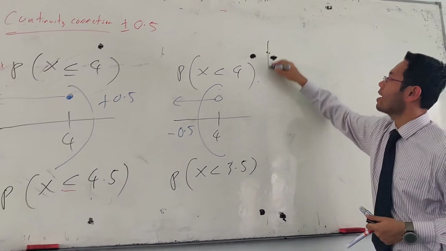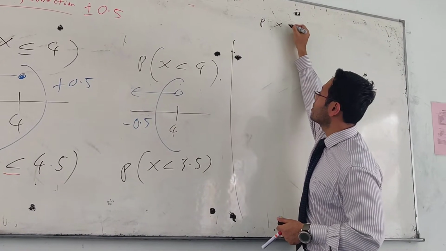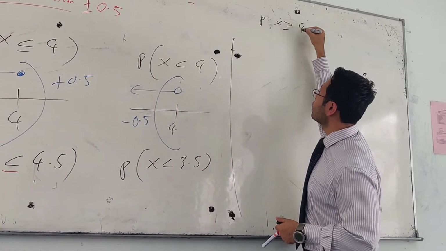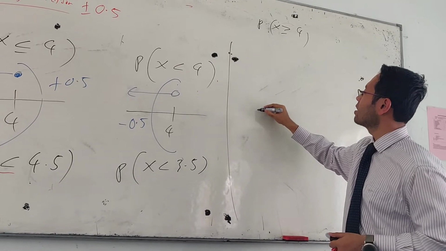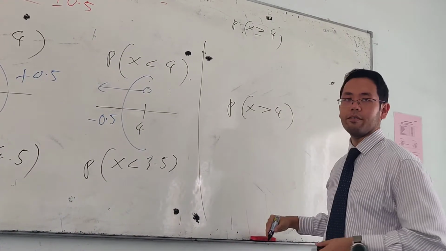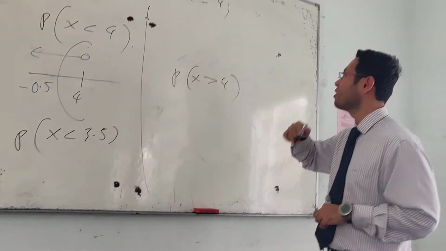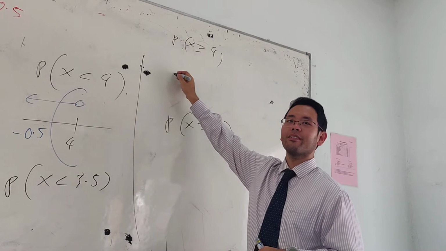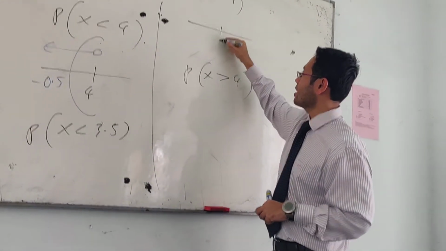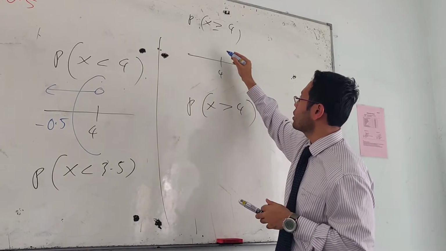Right, so now let's try other examples. What about if I give you Px more or equals to 4? Another one is Px more than 4. Give you 1 minute for you to try. Pause the video. Okay, have you figured it out? So now let's say this is 4, I'm going in the more direction, the right direction.